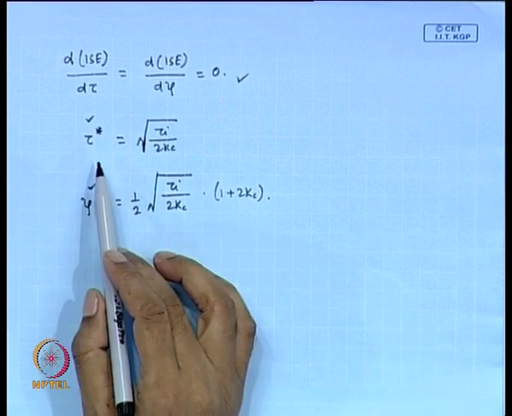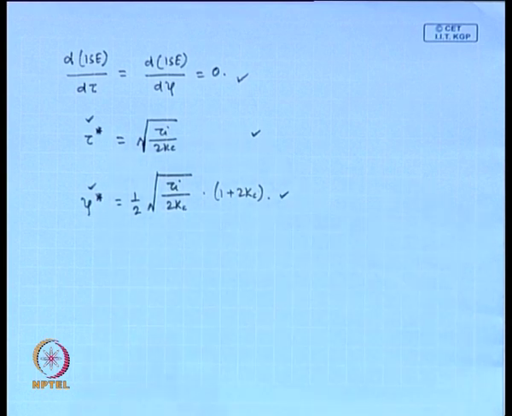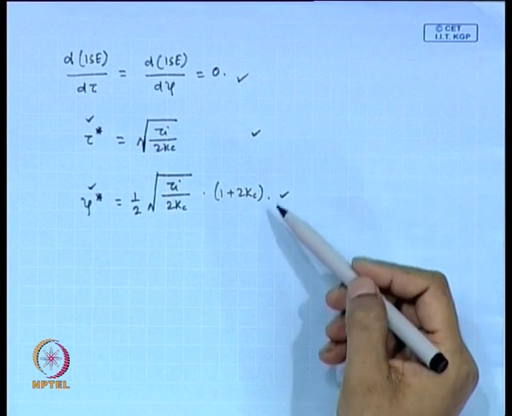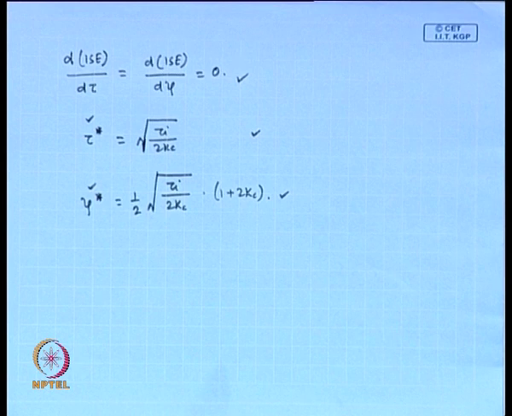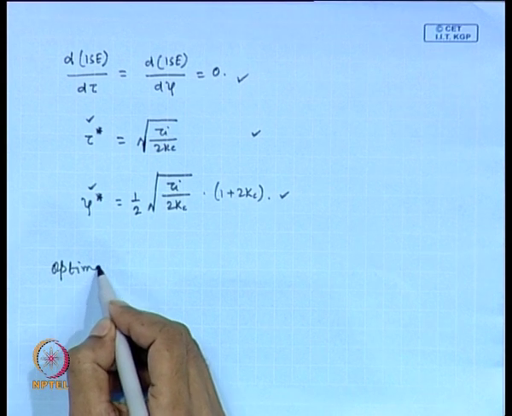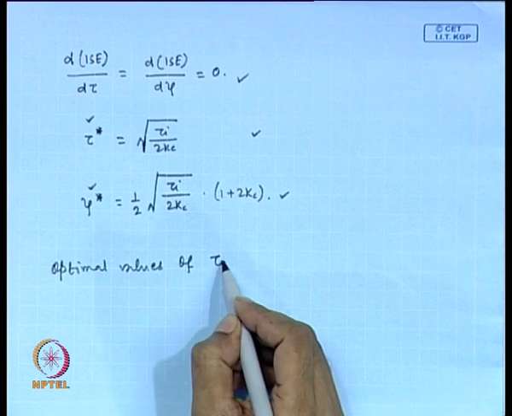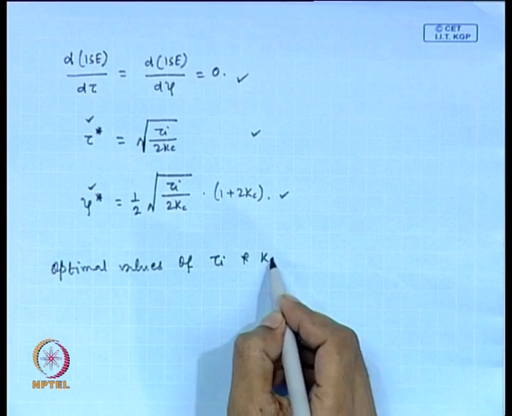Now, we have the expressions for tau and zeta written in this form. You see we have two equations and two unknowns, tau_y and Kc. Solving these two equations, we get the optimal values of tau_y and Kc.